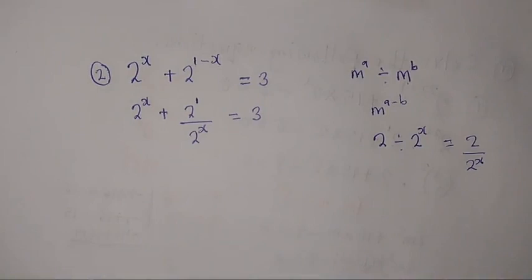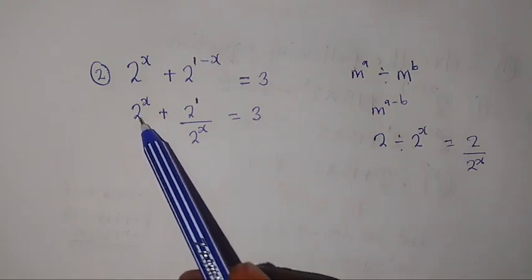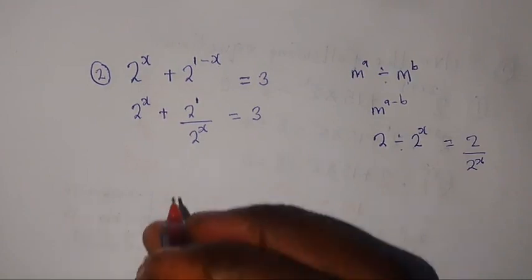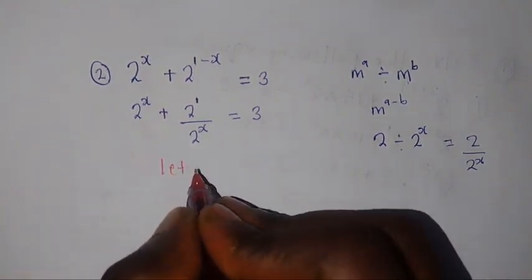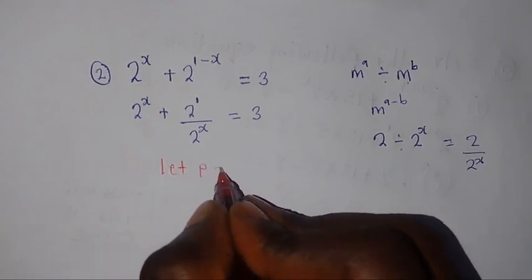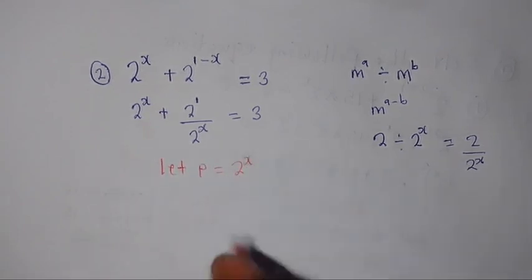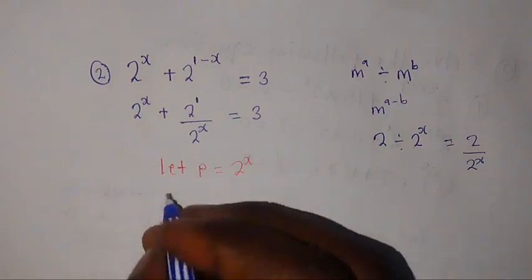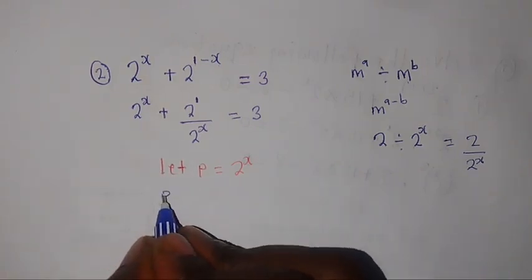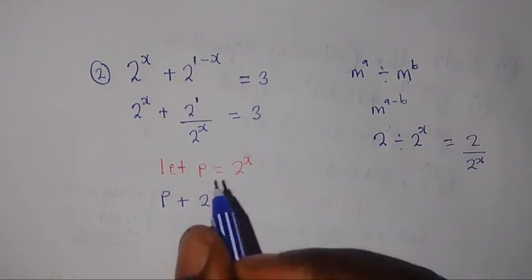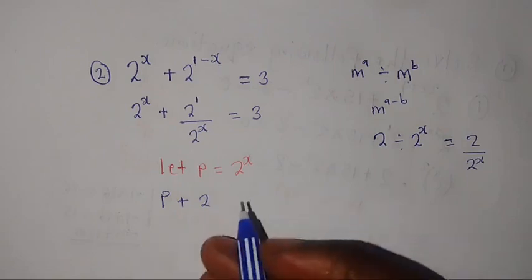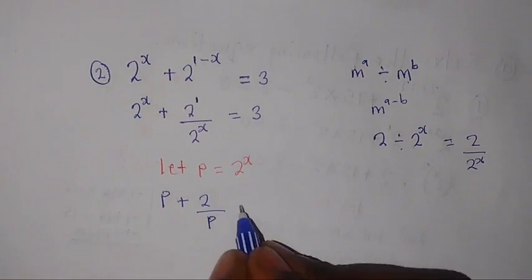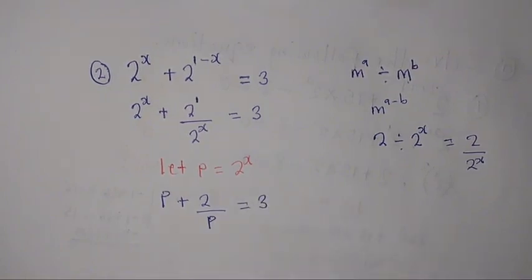From this, we can now say, what is the common term? You can see we have 2 raised to the power of x. So we can let p is equal to 2 to the power x. Where we have 2 to the power x, we are going to substitute p. So on this one, we are going to have p plus 2, because 2 to the power 1 is just a 2, over p, equal to 3.